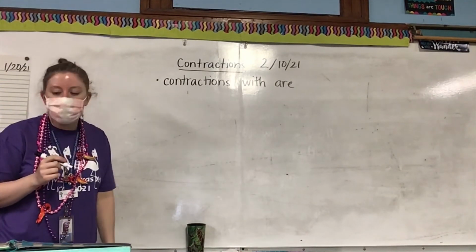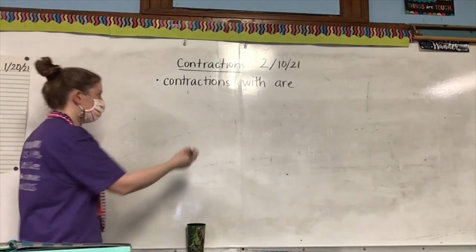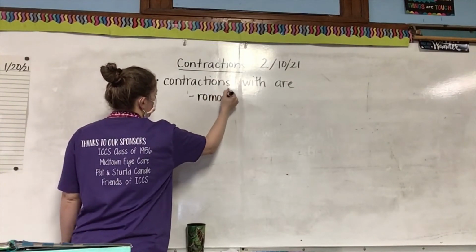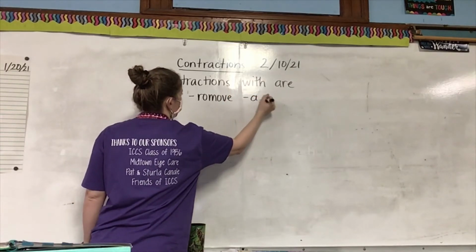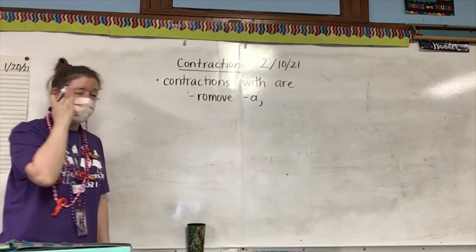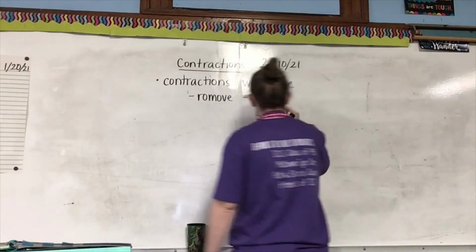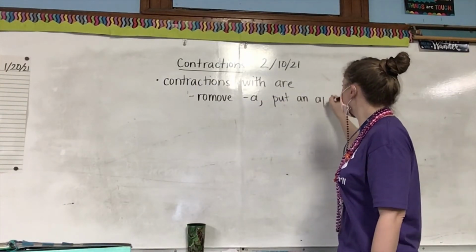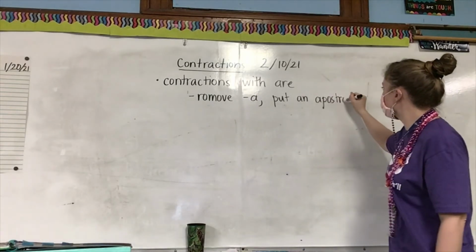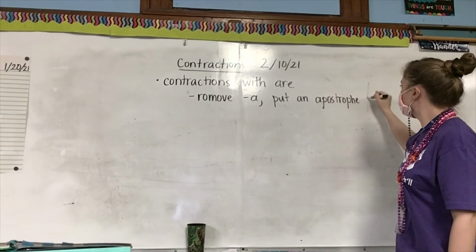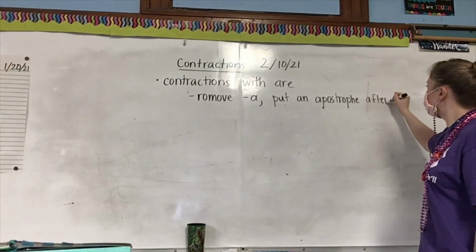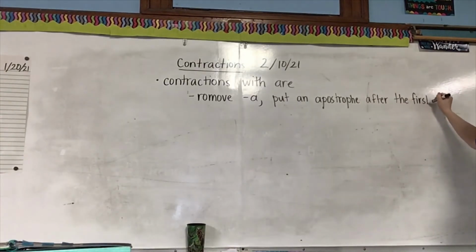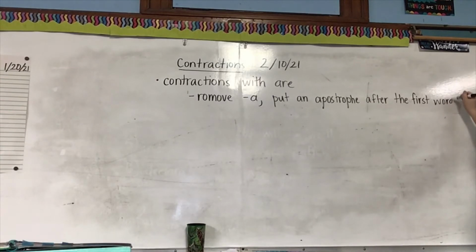Contractions with R. Well, first, remove the letter A. Put an apostrophe after the first word.